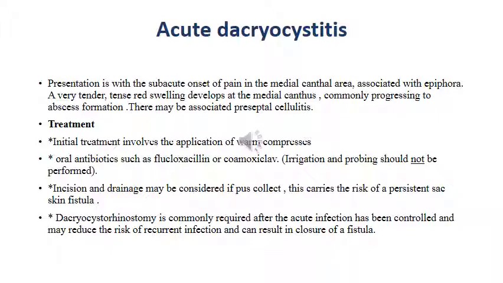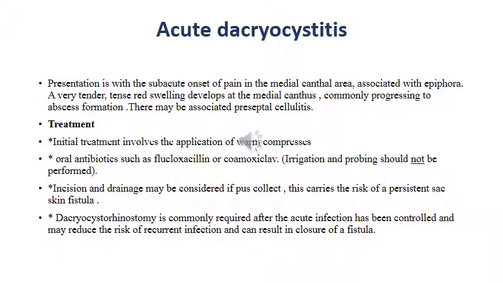Acute dacryocystitis is an important subject you need to focus on. Presentation is usually with subacute onset of pain in the medial canthal area associated with epiphora, with a very tender, tense, red swelling in this region. Sometimes it ends up with an abscess, sometimes with a preseptal cellulitis, which is infection and cellulitis of the soft tissues.